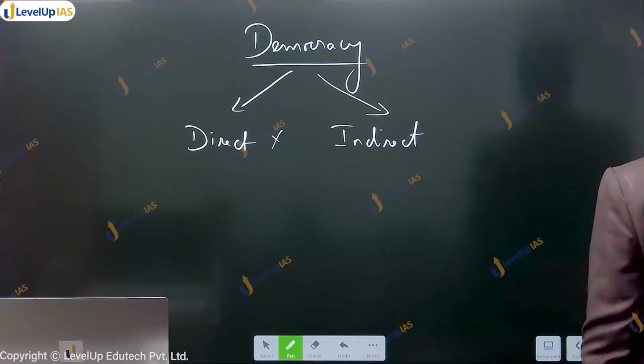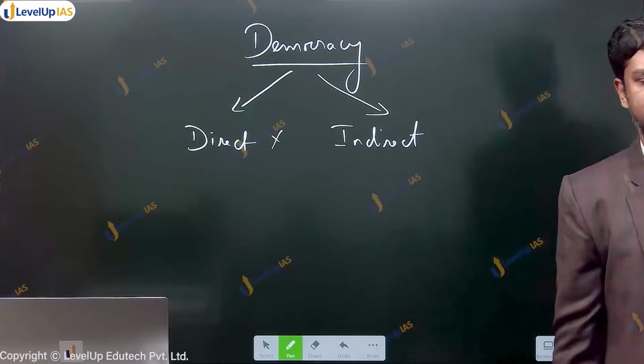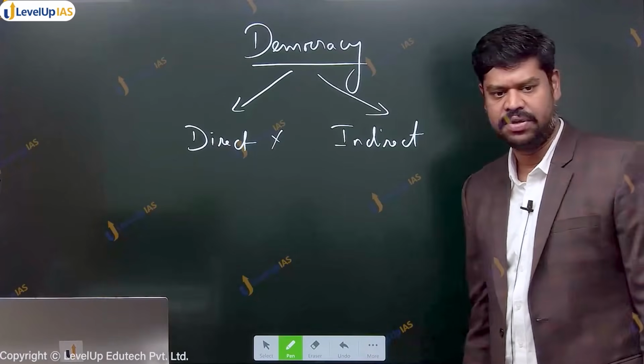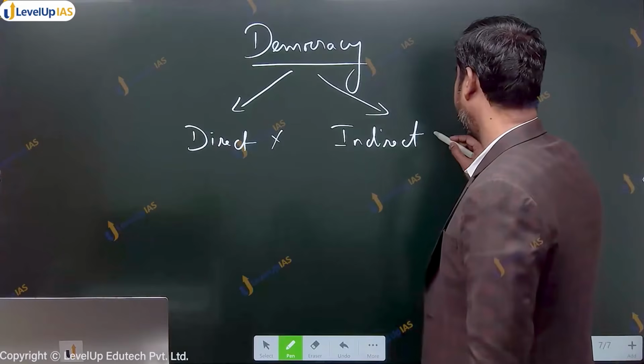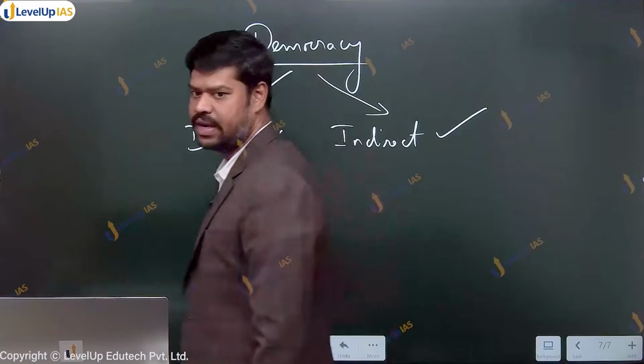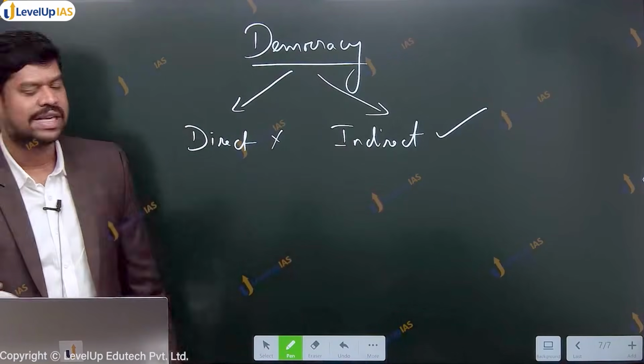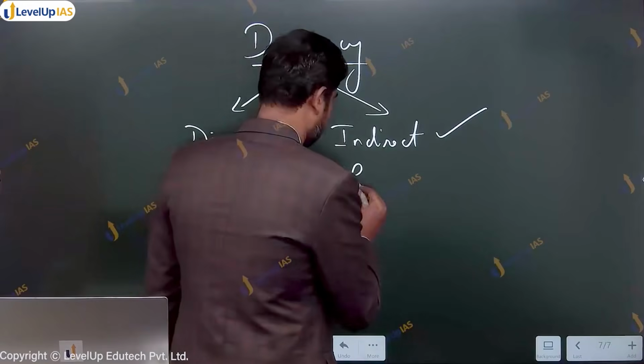In fact, we can say it is almost negligible, because of the complexity of the government. Largely today, most of the democratic countries across the world follow what is called indirect democracy. Now, this indirect democracy is also called representative democracy.